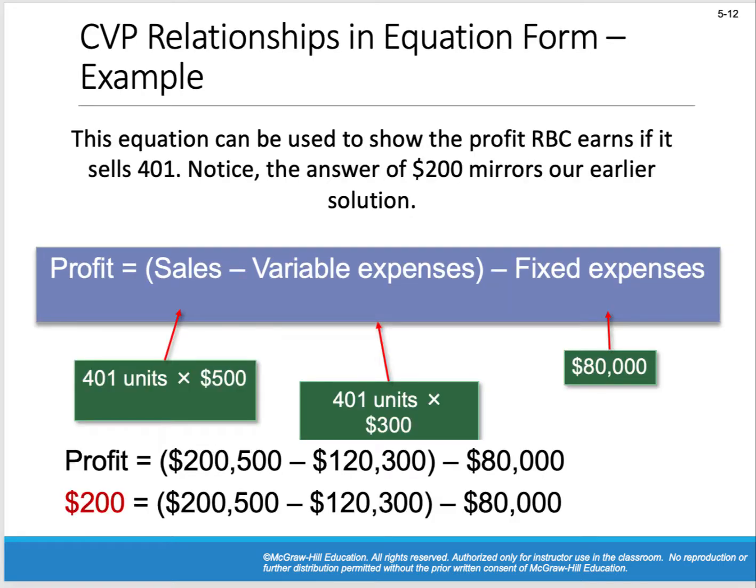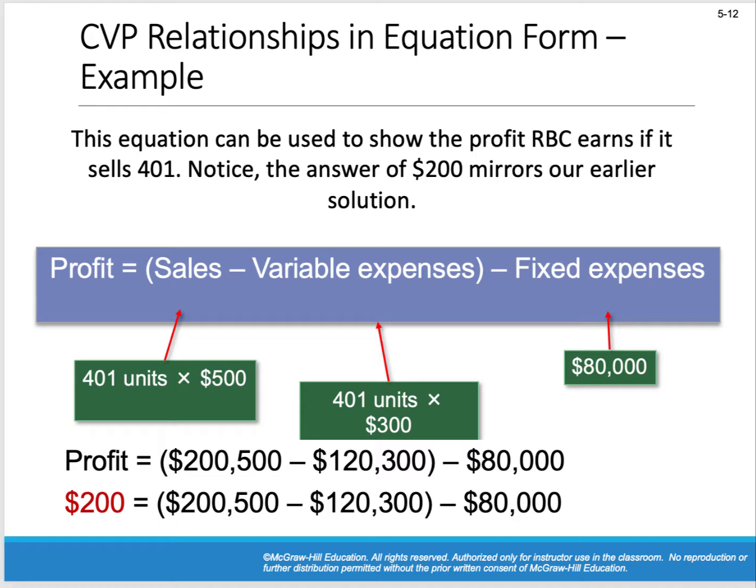So let's look at an example of how we can use this equation, which is basically the contribution formatted income statement, to calculate our profit or our net operating income. How do we calculate sales? Again, it's the sales volume times the unit sales price.